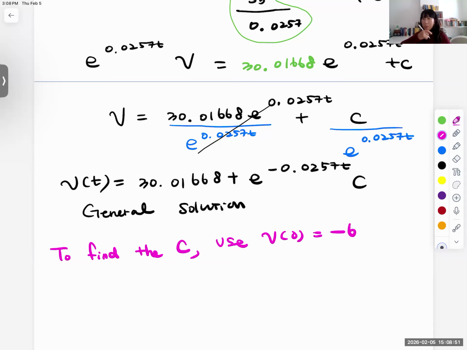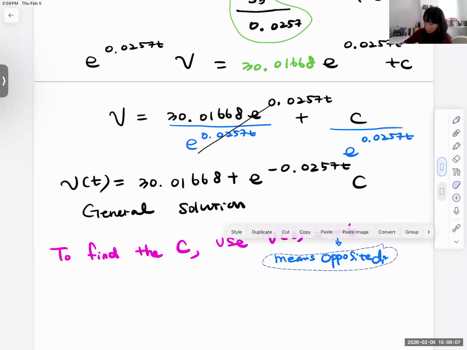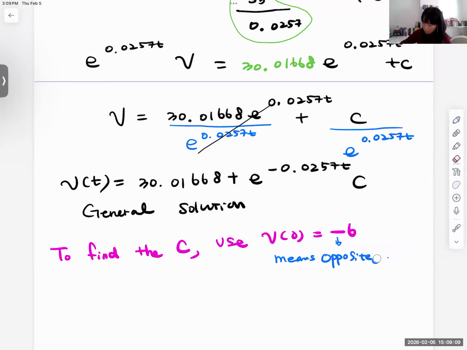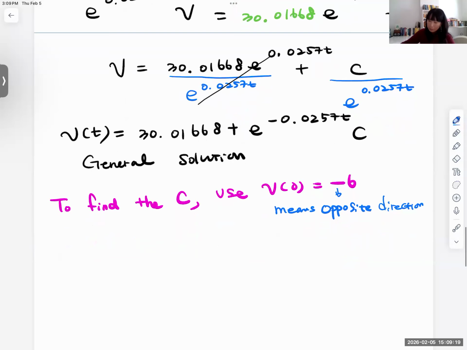Yeah, opposite direction. Okay, so this means t equal to 0, right?